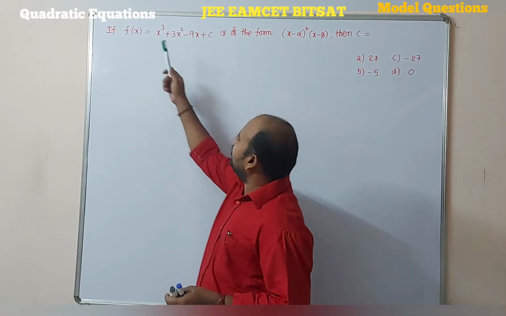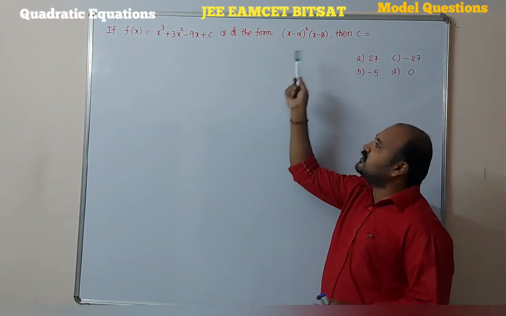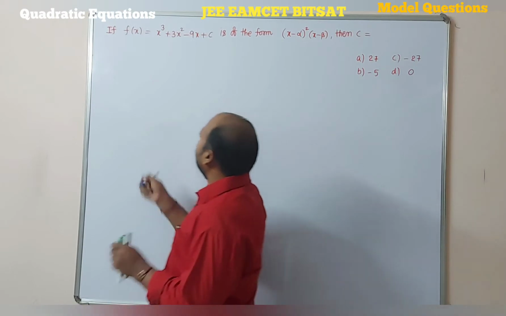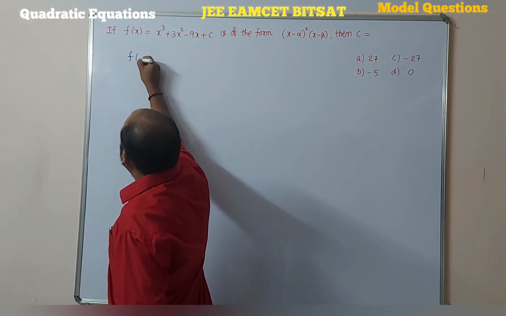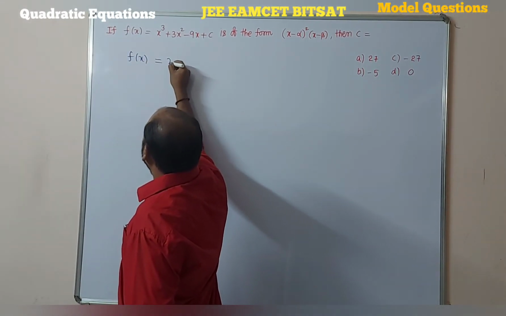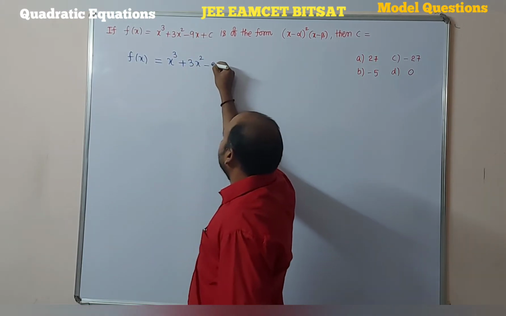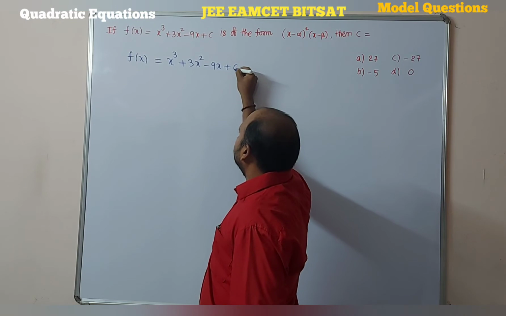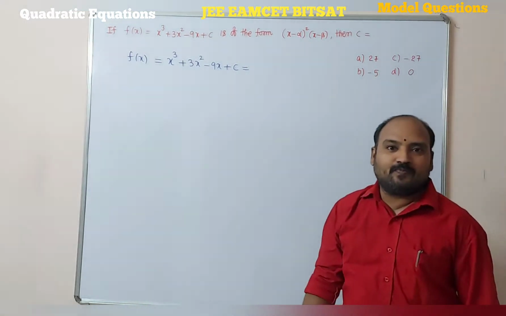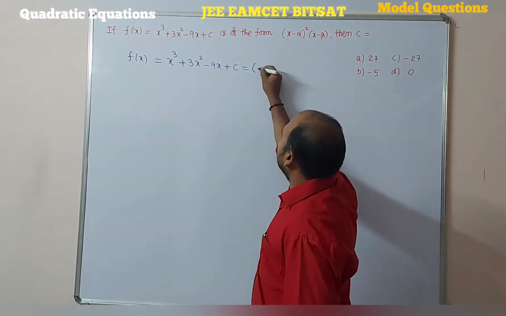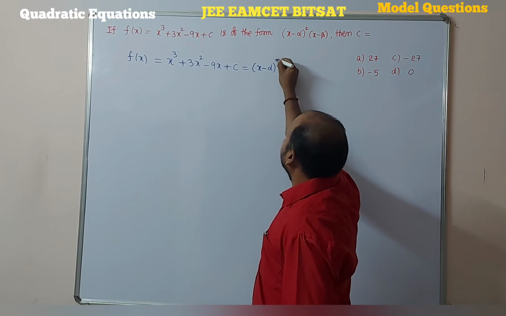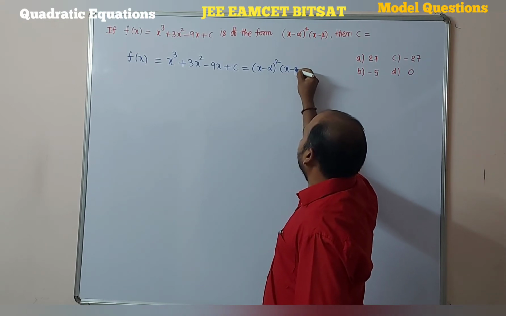See here, this f(x) can be expressed in this form. So f(x) equal to x³ + 3x² − 9x + c is equal to (x − α)²(x − β).